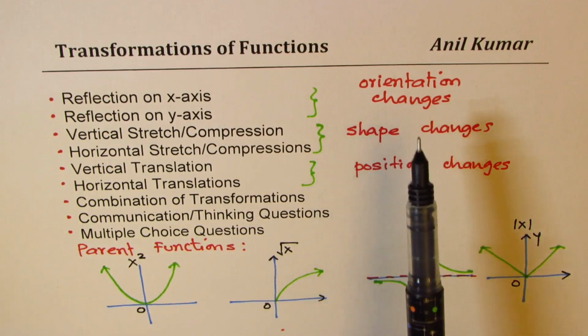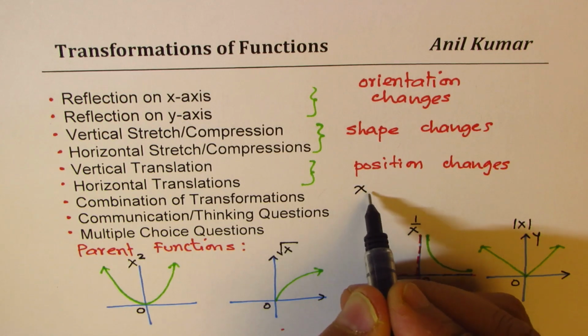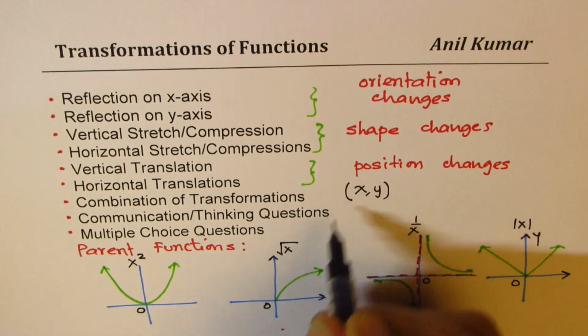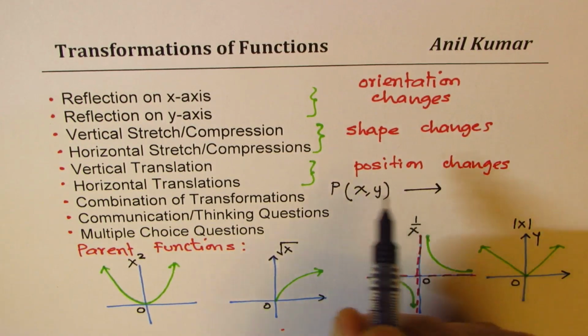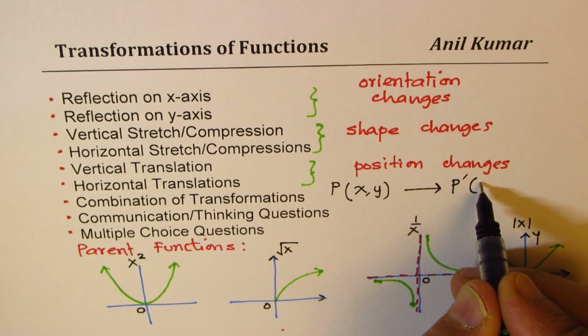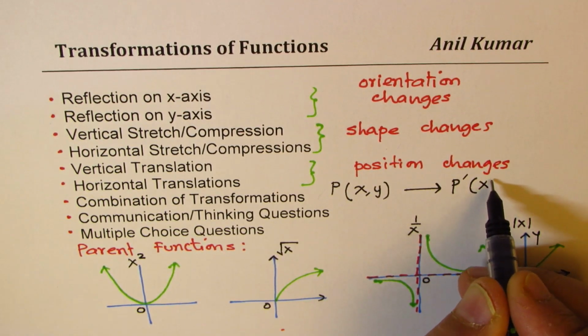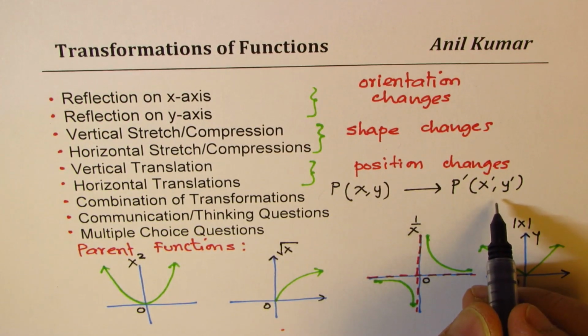Now we'll also look into how, if we have original points as x and y, let's say this is point P, then after transformation, what is the image? So what is P dash, x dash y dash? That is what we'll be focusing on, right?